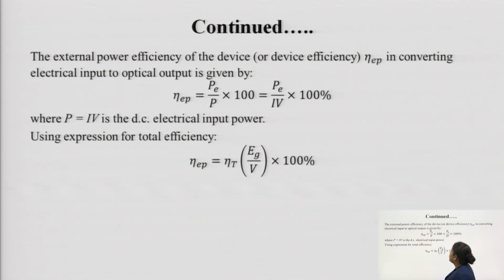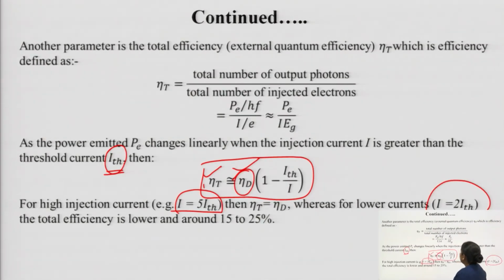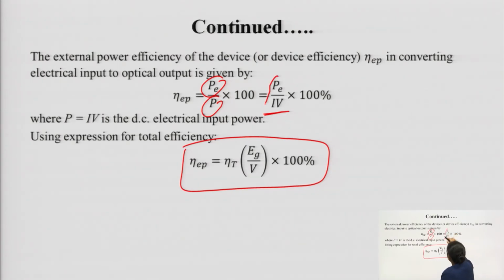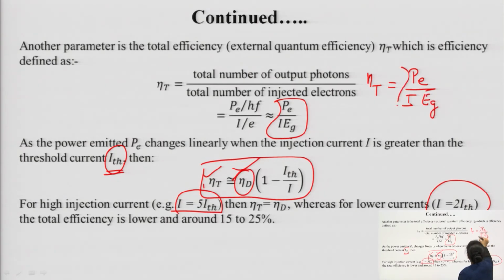At last, the external power efficiency of the device ηEP can be obtained by this formula, where P is equal to I into V, and into 100%, and we can write this in this form also. ηEP is equal to ηT Eg upon V. This can be obtained using this formula, because we can see that P by I is equal to ηT into Eg.